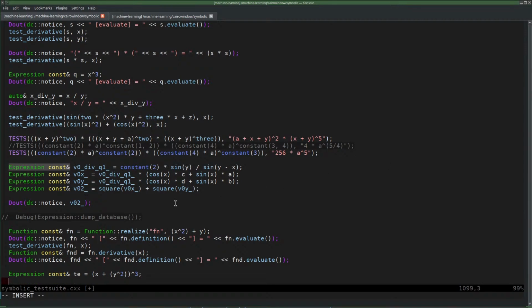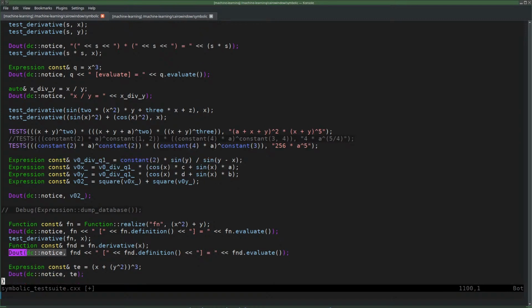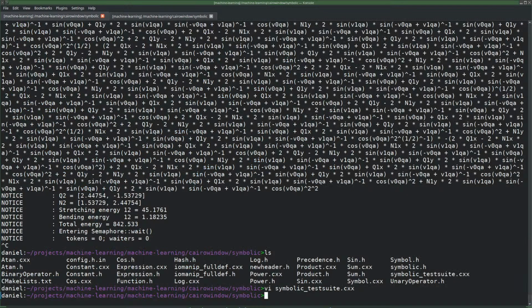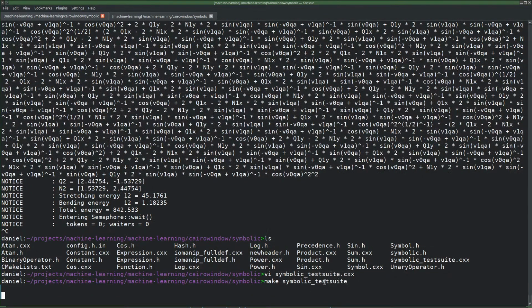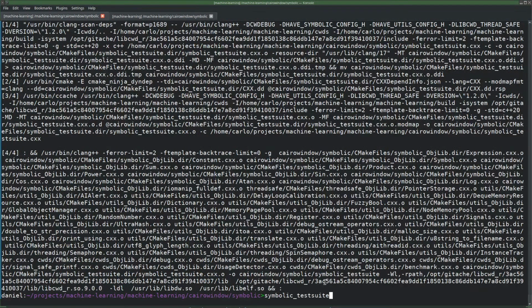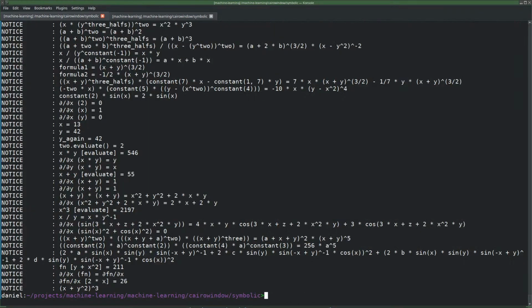And then I print that. See that then the parentheses are just there.